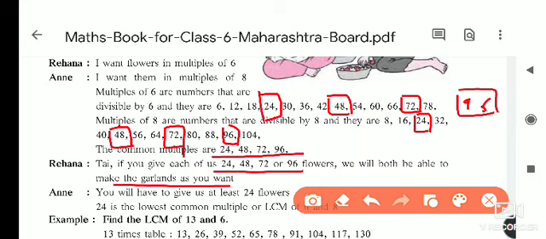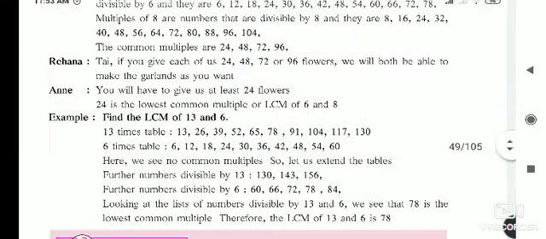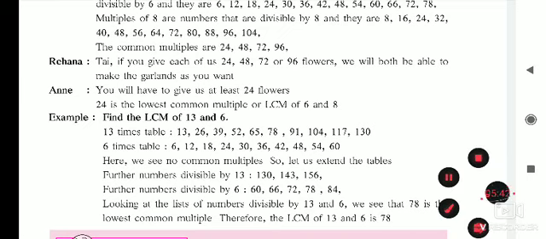These are the common multiples of 6 and 8. Annie said you will have to give us at least 24 flowers for making the garlands, and therefore 24 is the LCM of 6 and 8. Did you understand what we have to do?